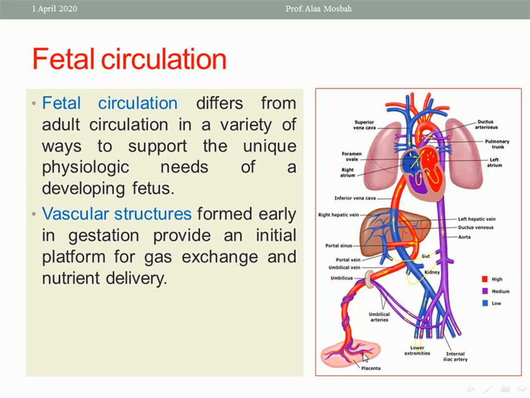So the oxygen-carrying vessel is the umbilical vein, while the deoxygenated blood is carried in the two umbilical arteries.